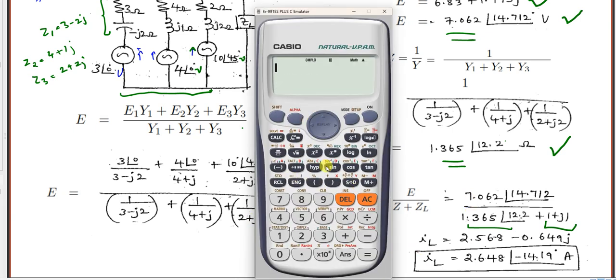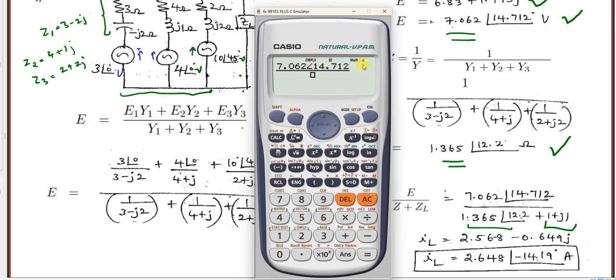Go to complex mode. In the complex mode, you have to write 7.062 angle 14.712 divided by, here if you use this one, no need to write bracket.